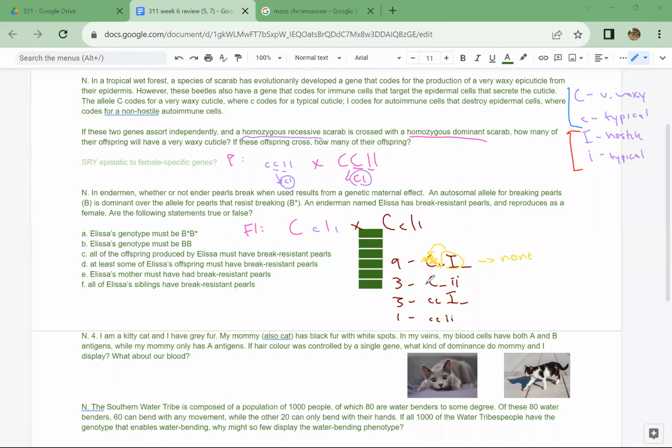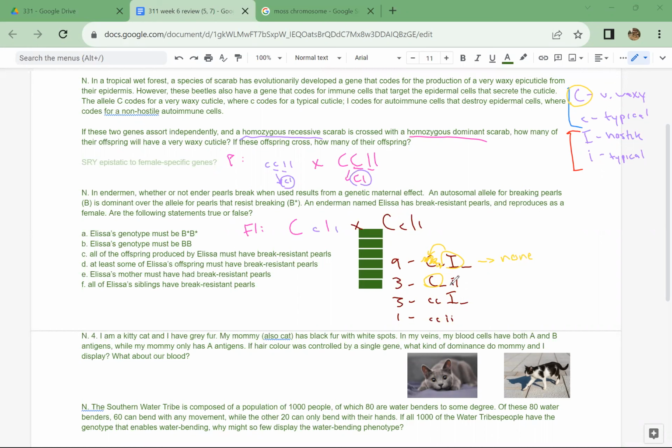And we can move on to the next ones. So once again, we have the genetic capability to produce a very waxy cuticle because that is the dominant condition. No matter what we have at this second allele, we have at least 1 dominant allele for this locus. And the dominant condition in this case is to produce a very waxy cuticle. And now we can move on to the second locus.